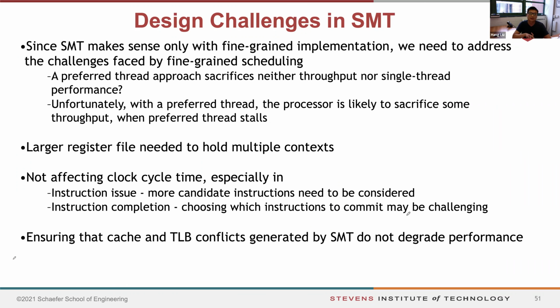Design challenges in simultaneous multi-threading. Since simultaneous multi-threading makes sense only when fine-grained implementation happens, we need to address the challenges faced by fine-grained scheduling, such as the switching, right? The preferred thread approach sacrifices neither throughput nor single-threaded performance.